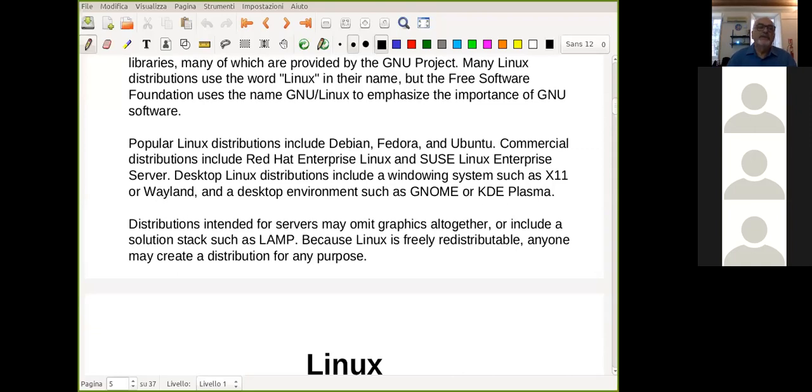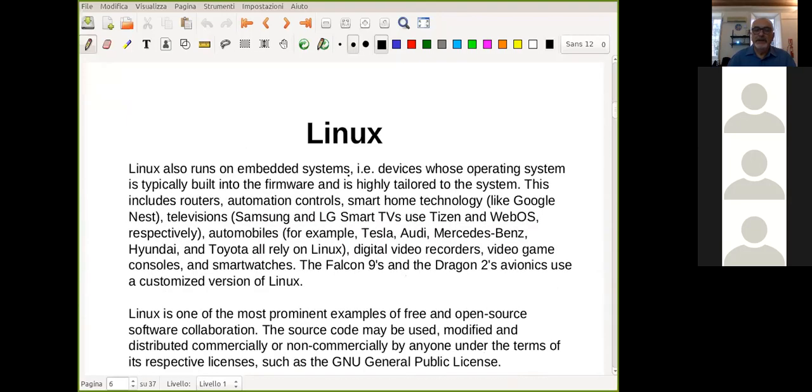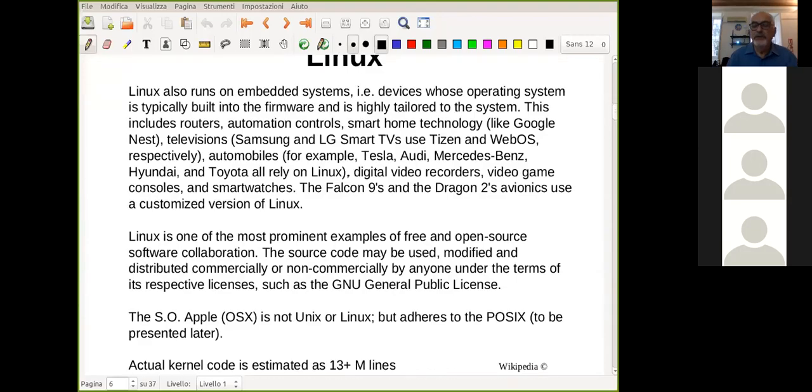There are also some distributions for professional industrial use. It's interesting to know that most of the software that supports internet and the clouds, including Windows clouds such as Azure, are powered by Linux.